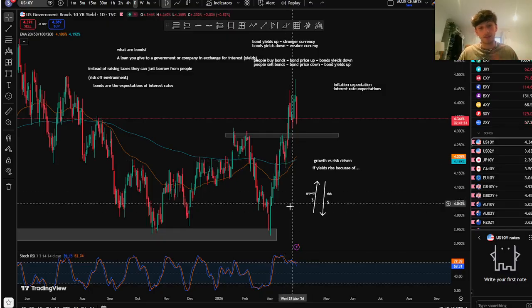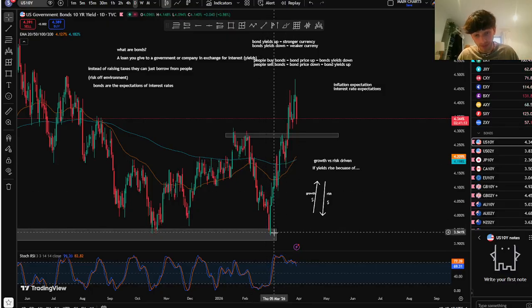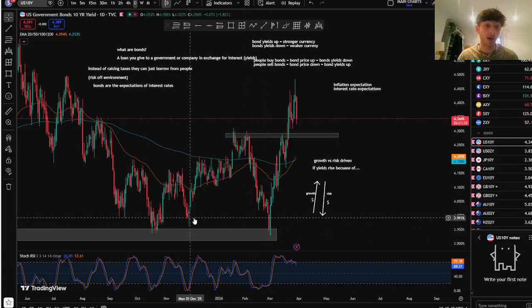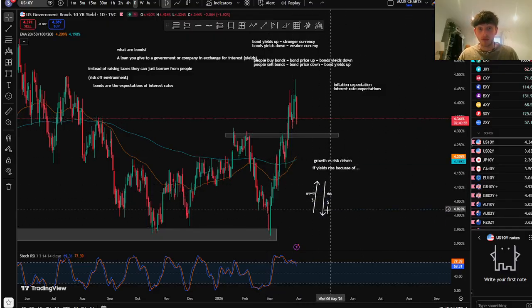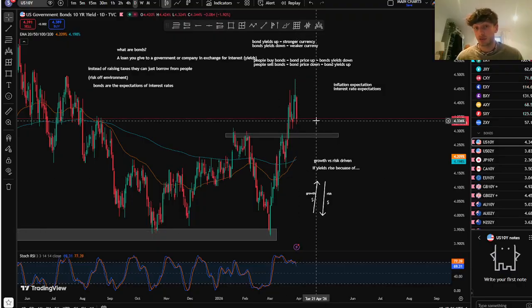And when there's less people buying bonds, right, down here, nobody's buying bonds, it's just come down, the government has to increase their yields to make it look more attractive for people to start buying bonds. So that causes government bond yields to increase.